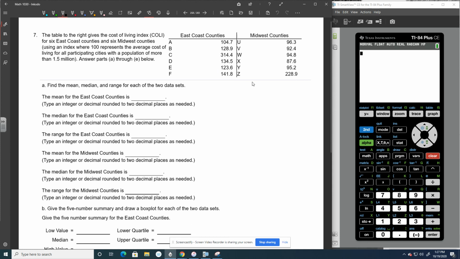To find the mean, you would add all of these together and divide by 6. To find the mean for this one, you would add them all together, divide by 6. To find the median, you would put them in order and find the value in the middle.